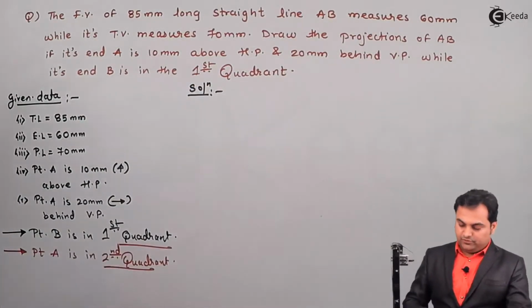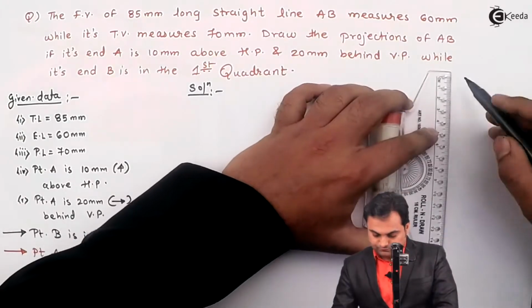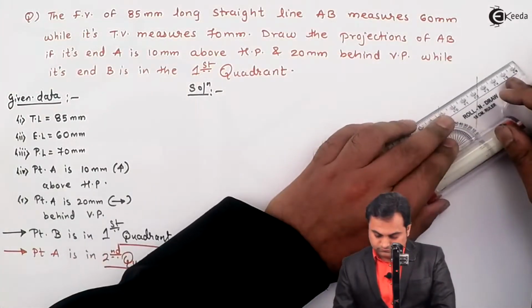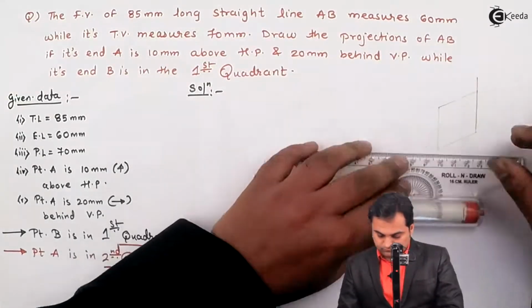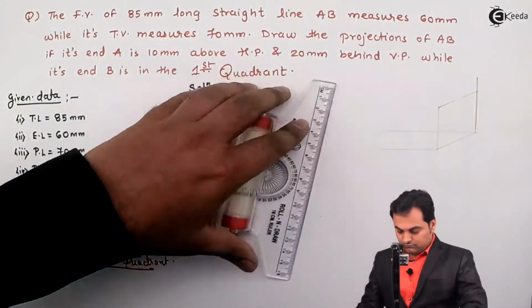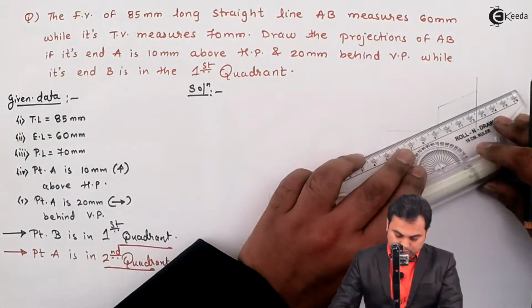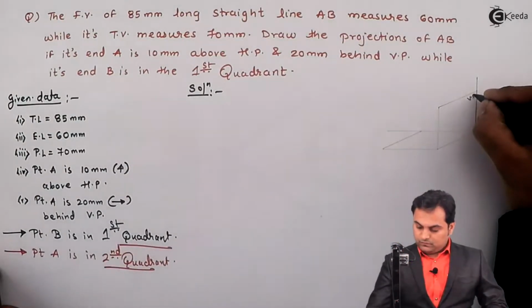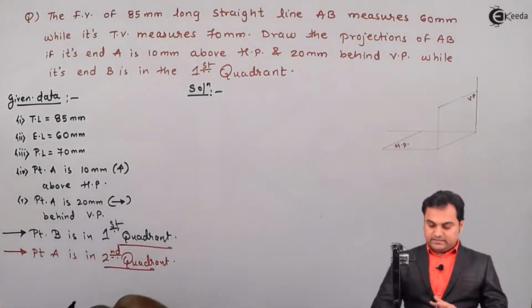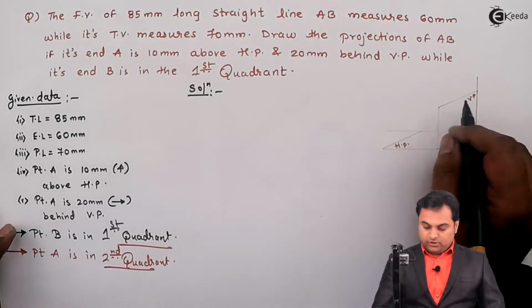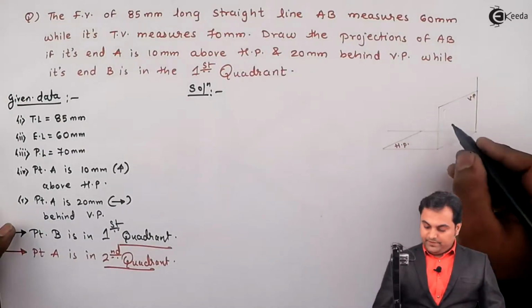First, I'll explain about the second quadrant here. This is VP and this is HP. So point A is 10 mm above HP and 20 mm behind VP.